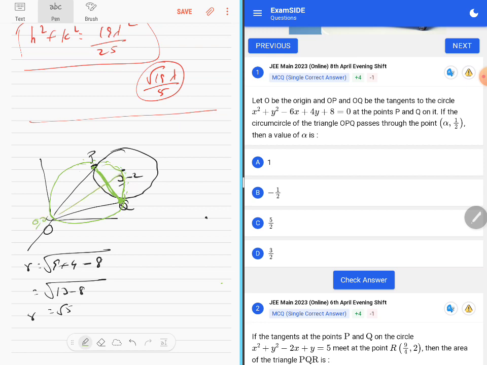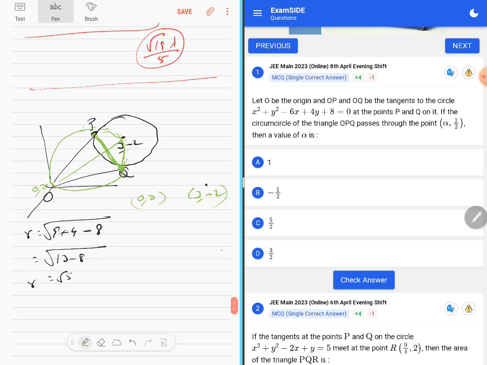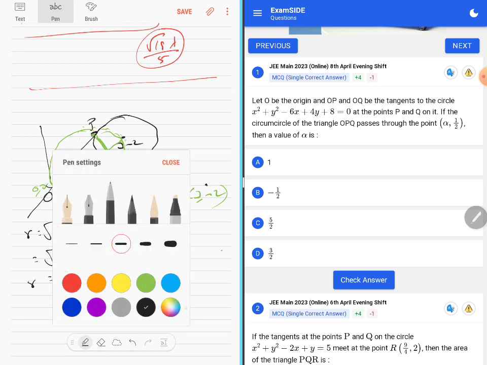Therefore the ends of the diameter are (0, 0) and (3, -2). When you have the two opposite diameter points, you can write the equation of the circle.